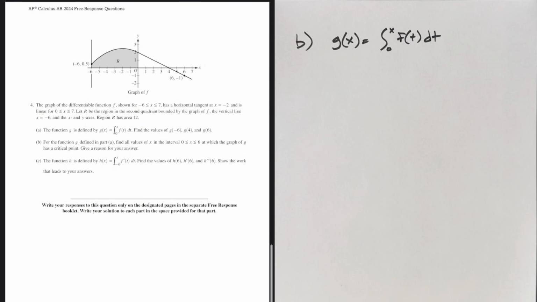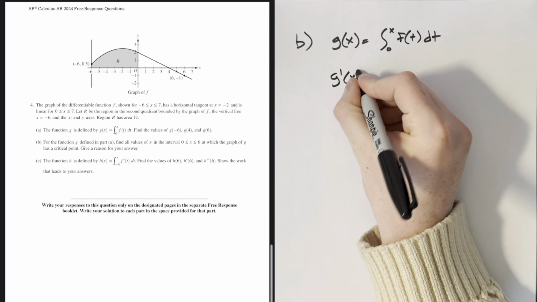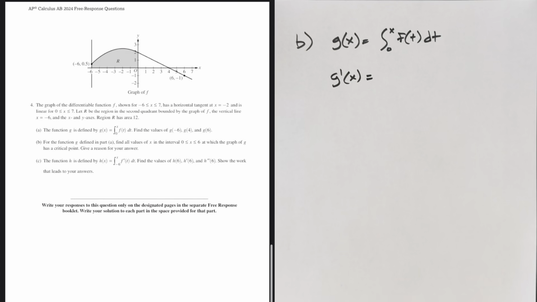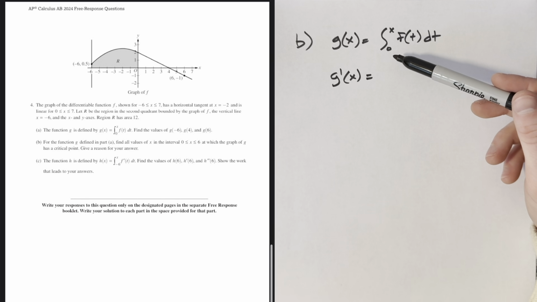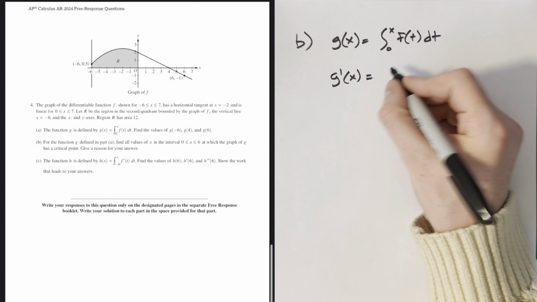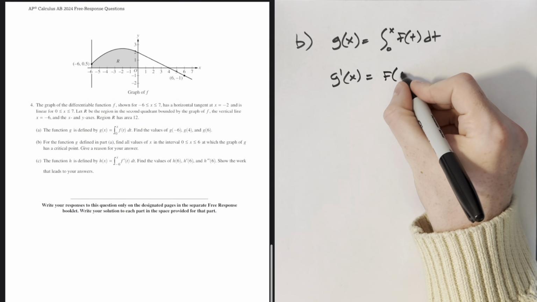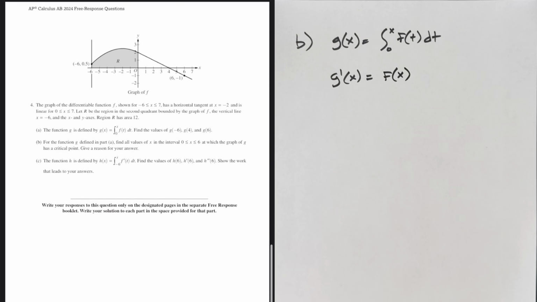Now it's asking for a critical point, or a critical value, of g. We know that critical points or critical values happen when our derivative is 0 or undefined. So we need to take the derivative of g. So the left side we get g prime of x. On this right side, we are going to use the second fundamental theorem of calculus that tells us when we're integrating from a to x of a function, when we take the derivative of it, we will just get the function evaluated at x.